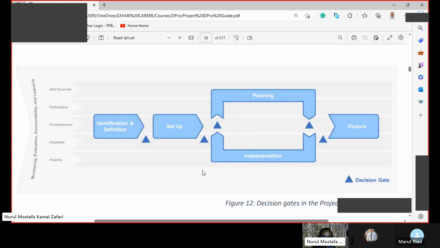Now what will happen? Donor might be ensuring us to fund or not, but we have set the project.